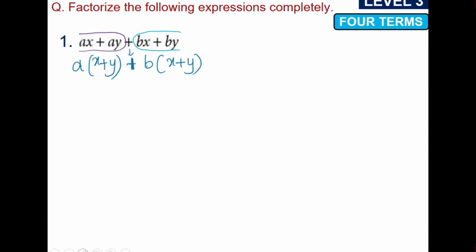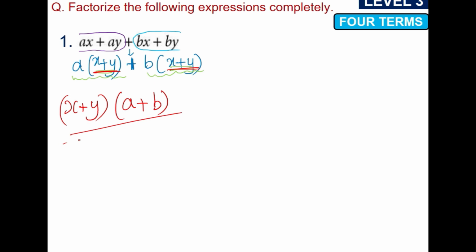Now if you look carefully at these 2 terms, I have an x plus y term that's common. So here I'll be taking x plus y as a common factor for both these expressions. So x plus y being the common, what remains here is a plus b. So this is how you solve when you have 4 terms.